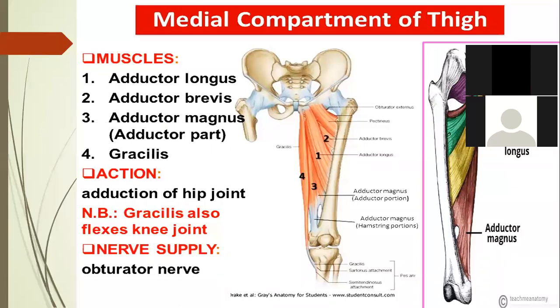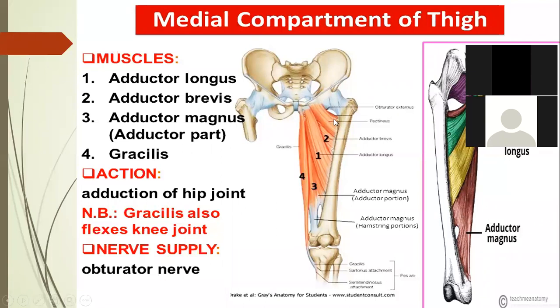You will see the number 1, 2, 3, and 4. Now go and see this muscle, which is called pectineus. And just above the pectineus, edge to edge, this is the area for a muscle, and this muscle is called the obturator externus.